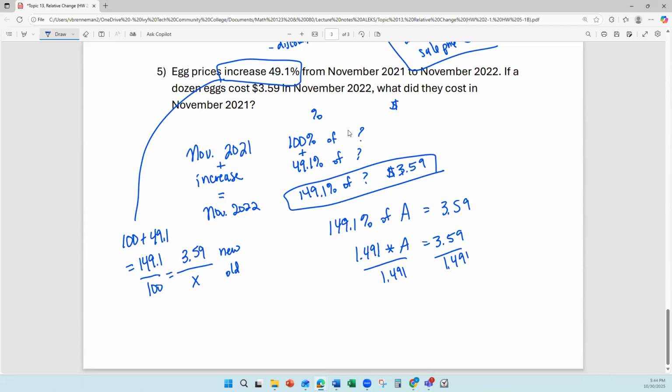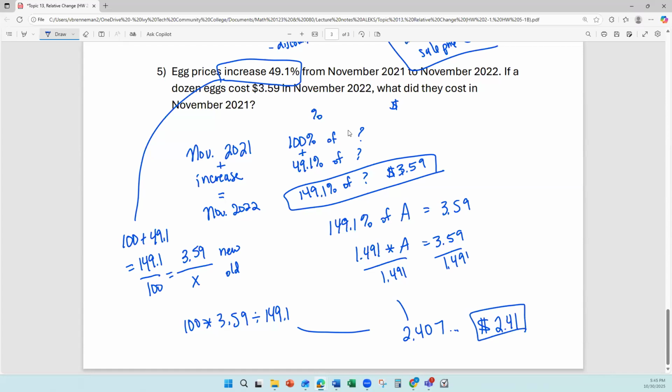And so it's going to be 100 times 3.59 divided by 149.1. Either way gives this result of 2.407. That rounds to $2.41.